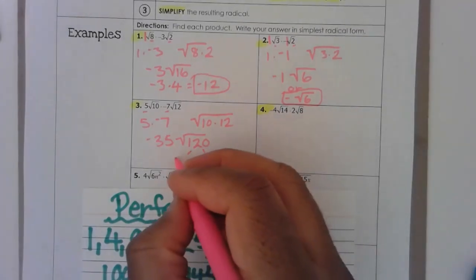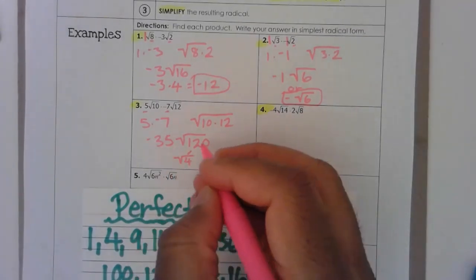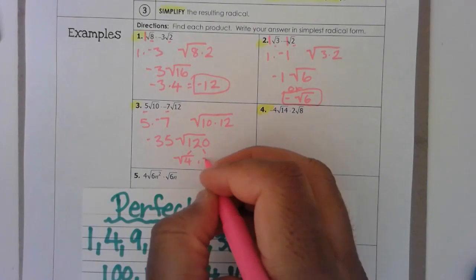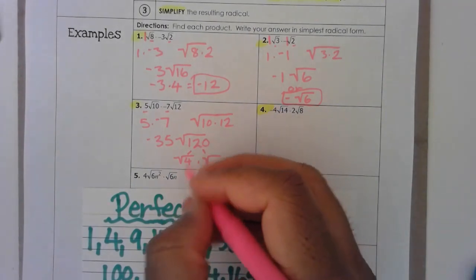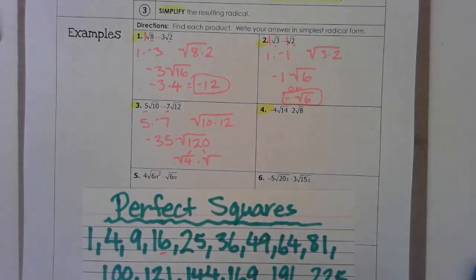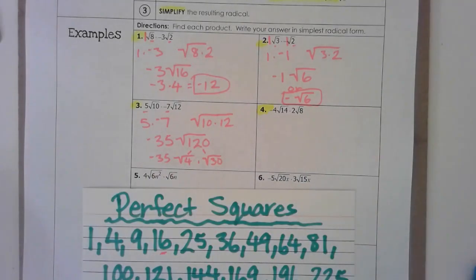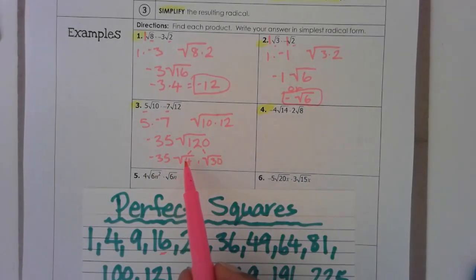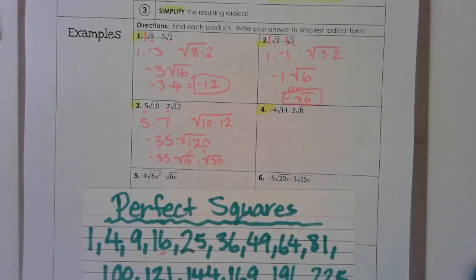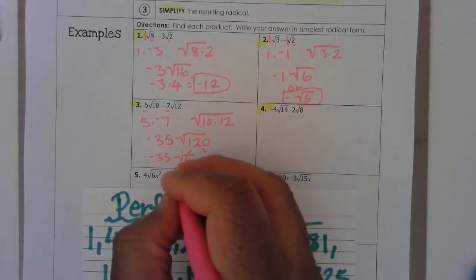So I'm going to go ahead here, the square root of 4. And also, I'm going to have to do 120 divided by 4, which is going to give me a 30. I'm going to bring down my -35 for the ride here. And so my final step will be taking the square root of 4, which is just, you guessed it, 2.